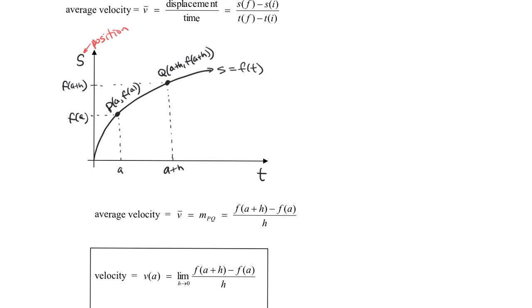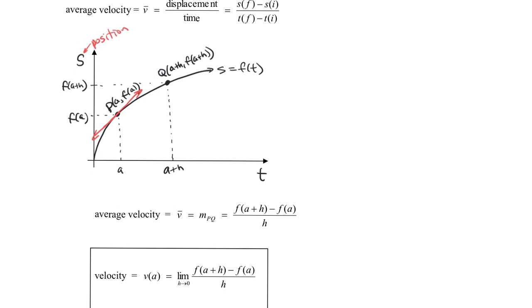So very familiar story here, right? We want to find the instantaneous rate of change in position with respect to time right at point P, and that instantaneous rate of change is really the slope of that tangent line right there.